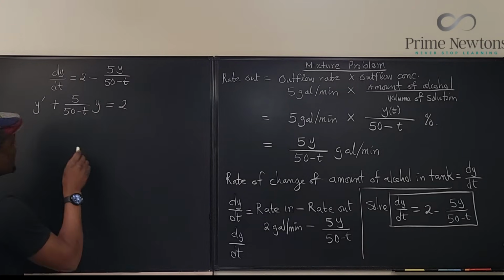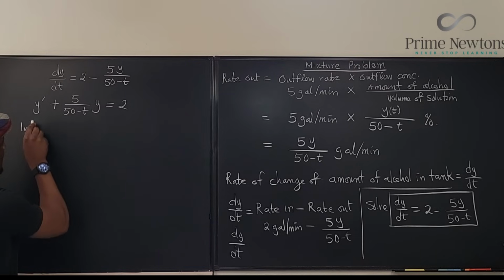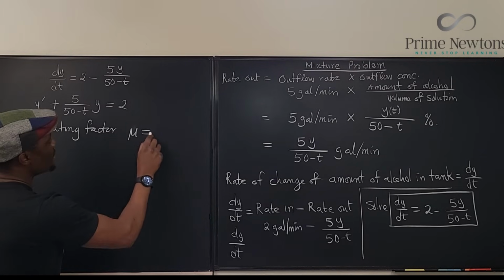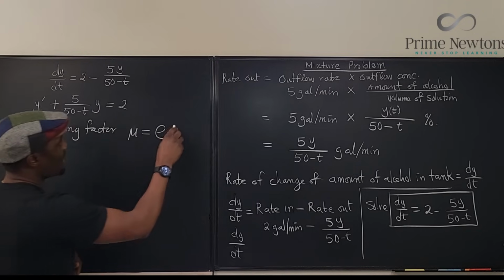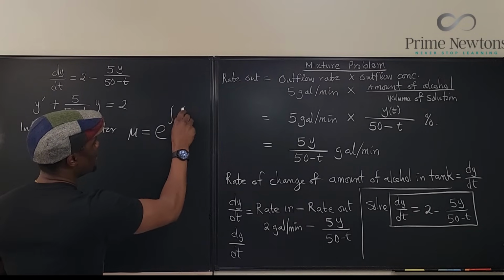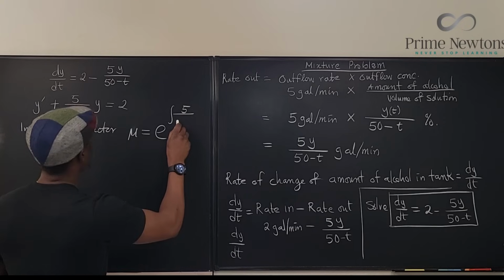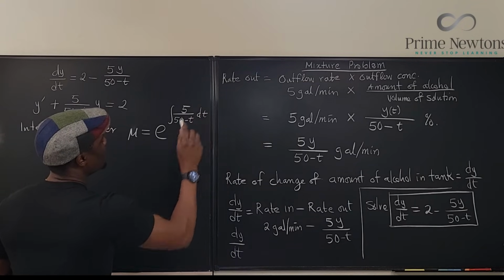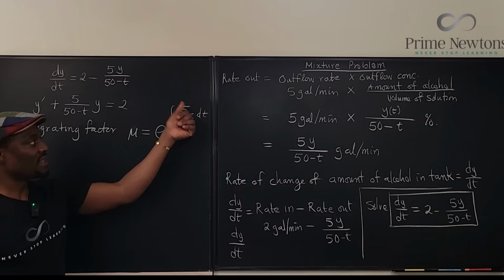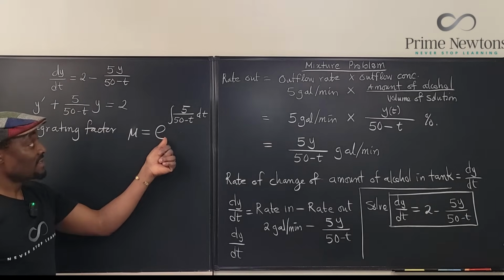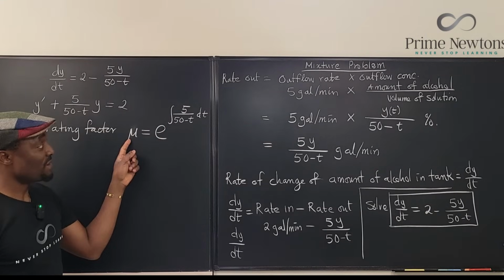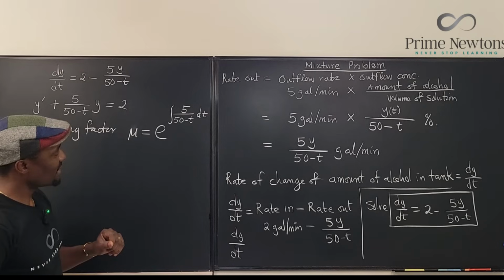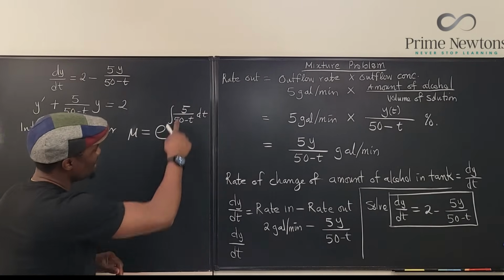Now my integrating factor, mu, is going to be equal to e to the integral of 5 over 50 minus t dt. If I can integrate this, that's all I need. I just need my mu. How do we integrate this?